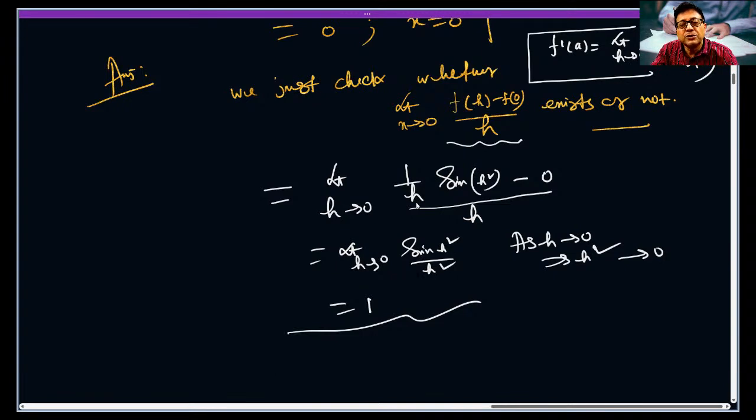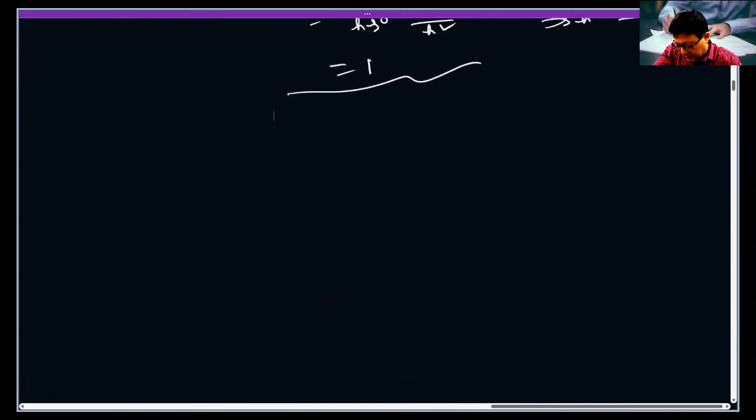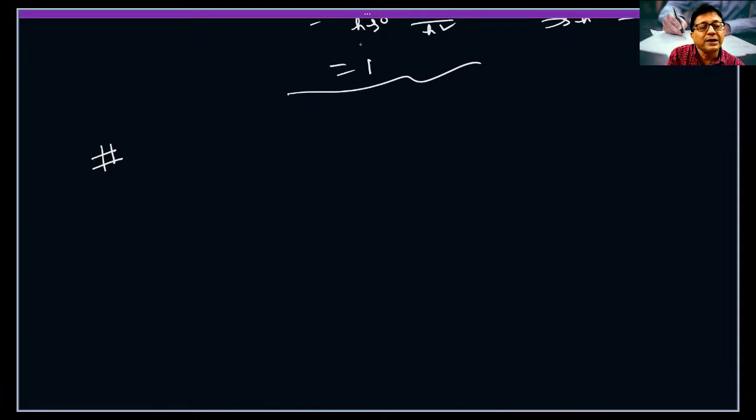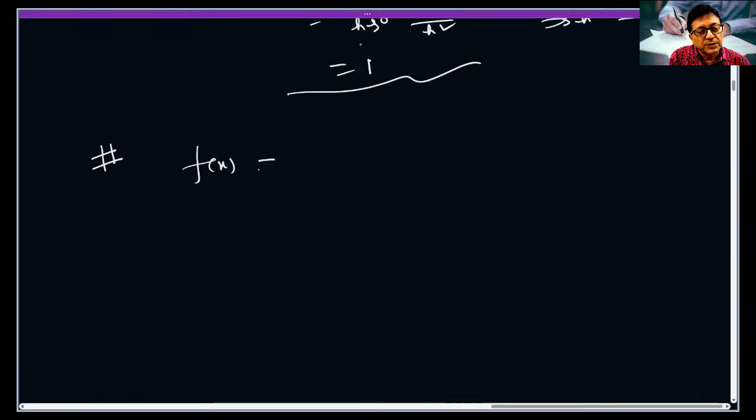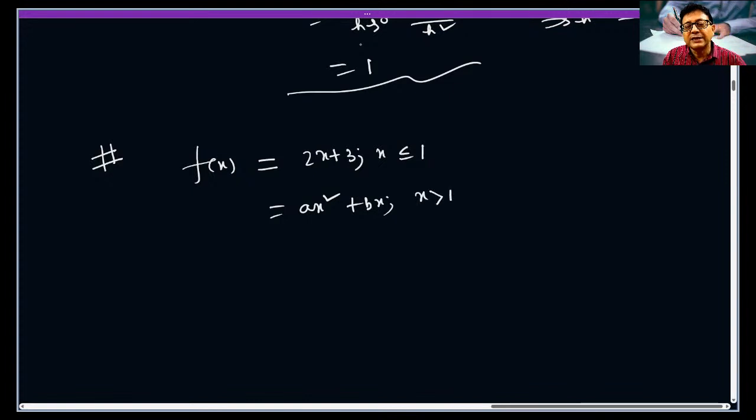Okay. Now let us solve another type of sum where differentiability in an interval is involved. Although I have done many sessions based on it, this time I am just going to take a different type of example to remind you the concept. Suppose a function is given this manner, f(x) equal to, x less than equal to 1, ax square plus bx, x greater than 1.